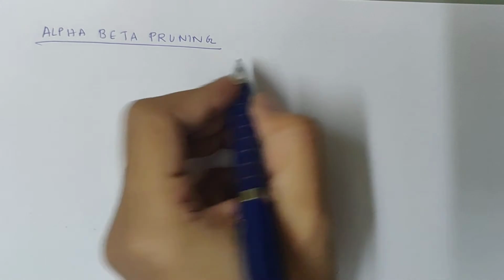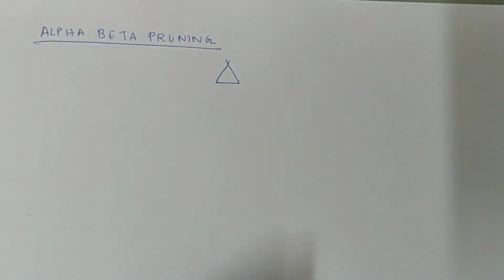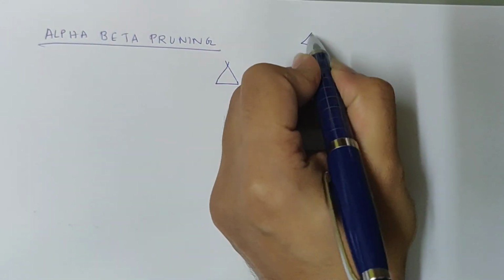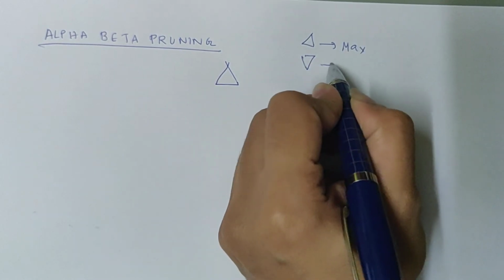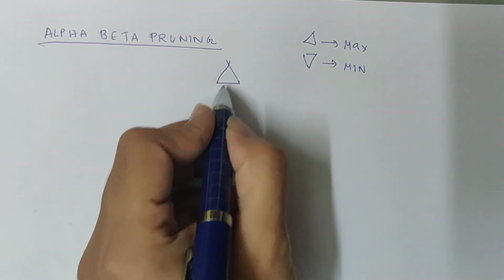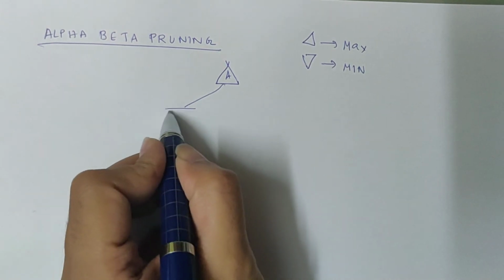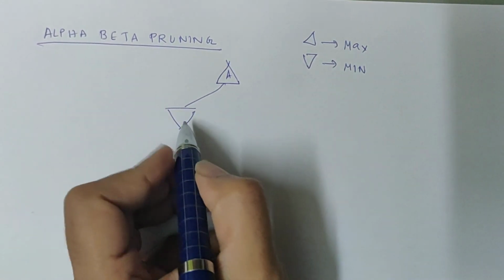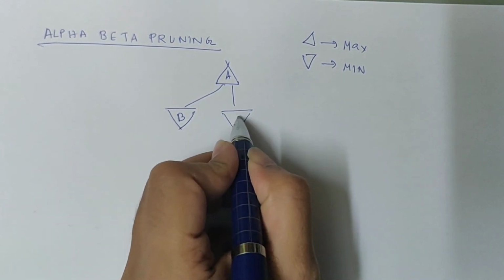Let us draw a game tree. There is a convention that this notation is used for max and this notation is used for min, and we will follow that convention. The next move is for min, so the nodes will be shaped like that.